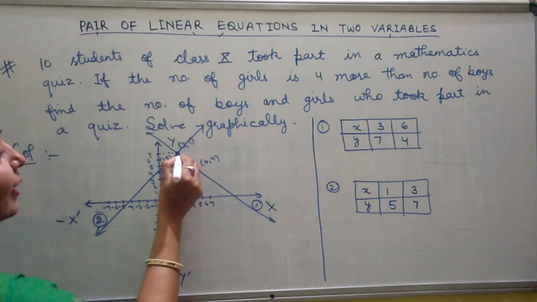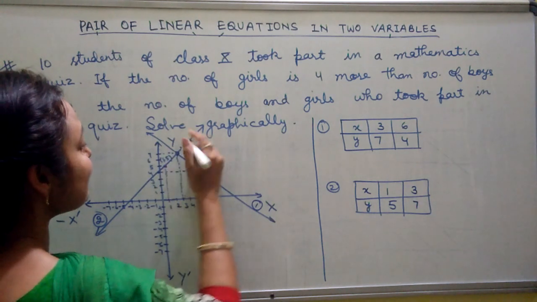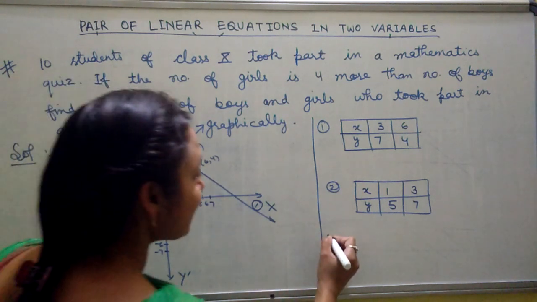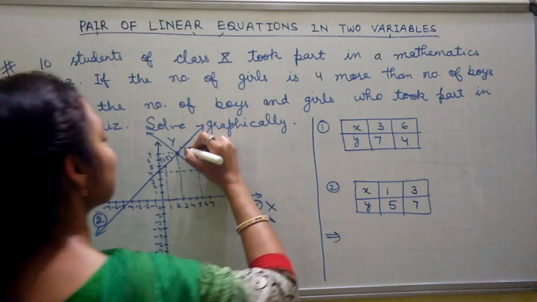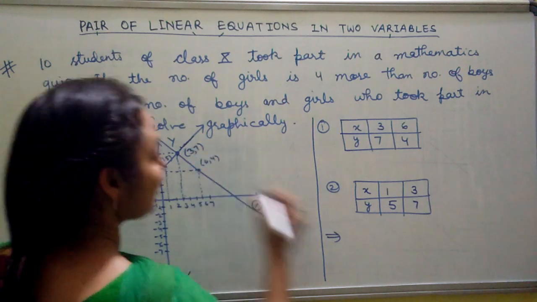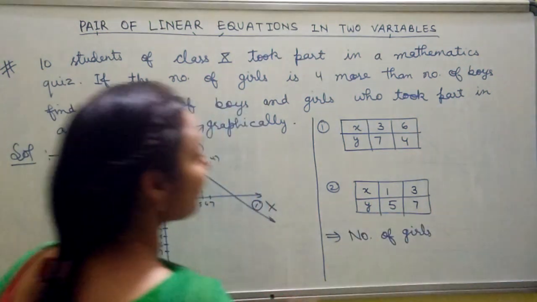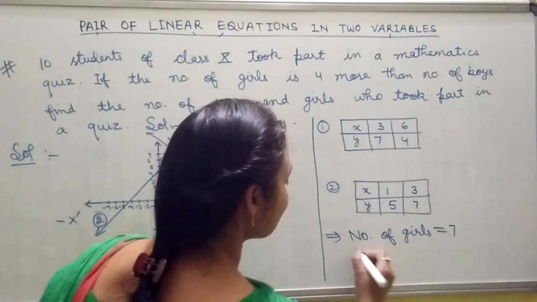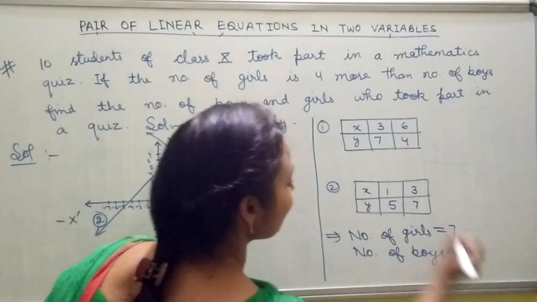Now these points, that is 3 and 7. This is 3 and this is 7, that both equations intersect at 3 and 7. That means this gives the unique solution. This means the number of girls is 4 more than the number of boys, where the number of girls is 7 and the number of boys is 3.